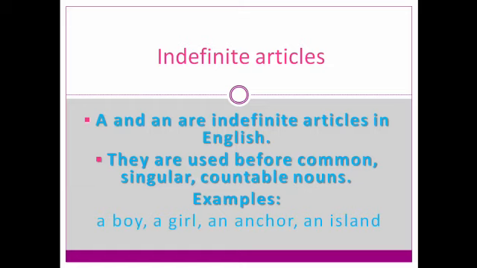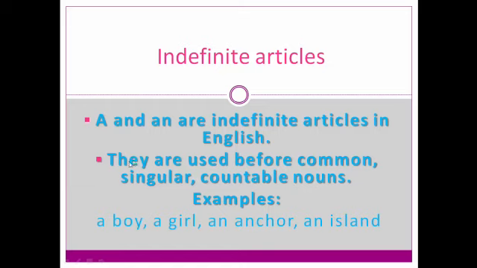Just understand this. Where do we use the indefinite articles? They are used before common singular countable nouns. If the noun is common, if the noun is singular, if the noun is countable, then we can use these indefinite articles.